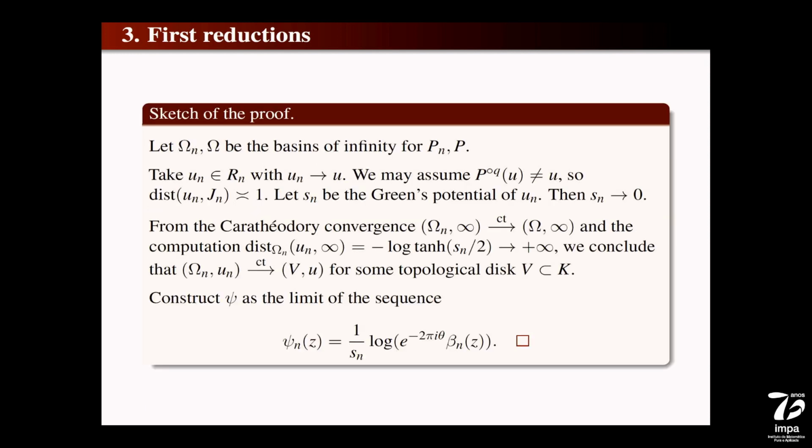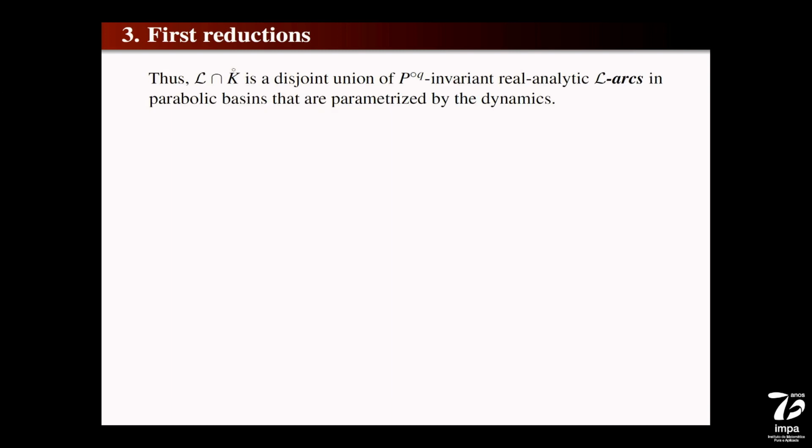So what follows from this second lemma is that L intersection with the interior of the filled Julia set is a disjoint union of invariant arcs. They're real analytic. For simplicity, I'll call them L arcs. These are all inside parabolic basins, and they are parametrized by the dynamics.